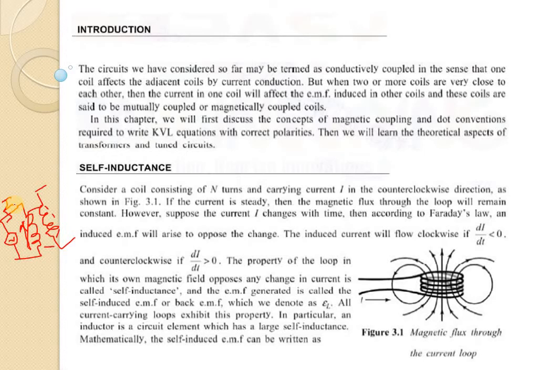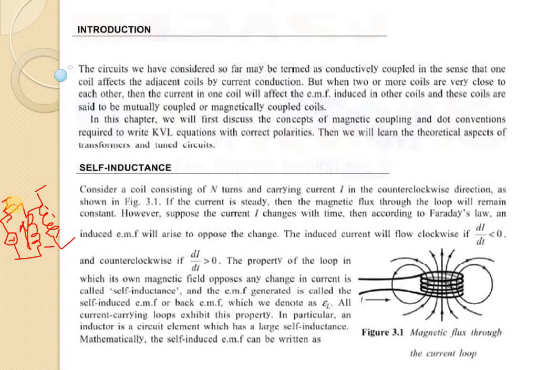If the current is steady, then the magnetic flux through the loop will remain constant. However, suppose the current I changes with time. Then according to Faraday's law, an induced EMF will arise to oppose the change, and the induced current will flow clockwise if di/dt is less than 0, and counterclockwise if di/dt is greater than 0.